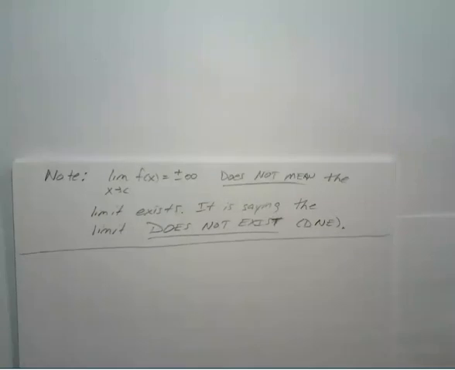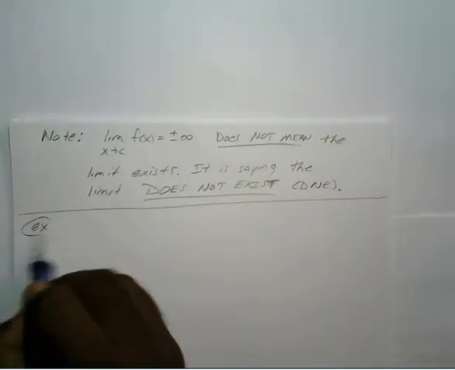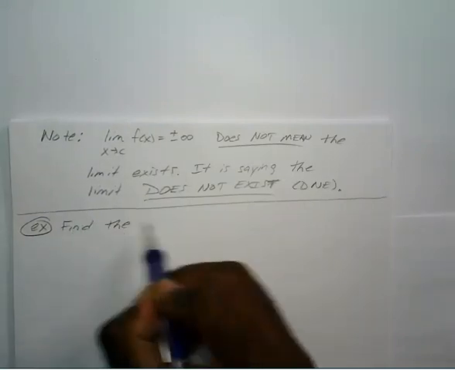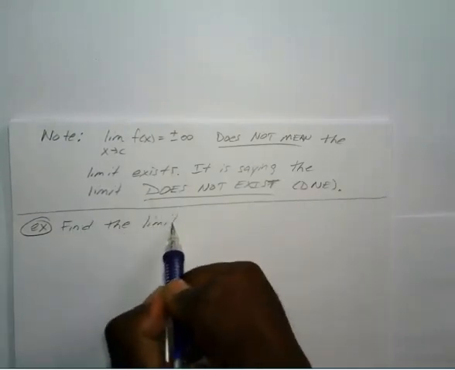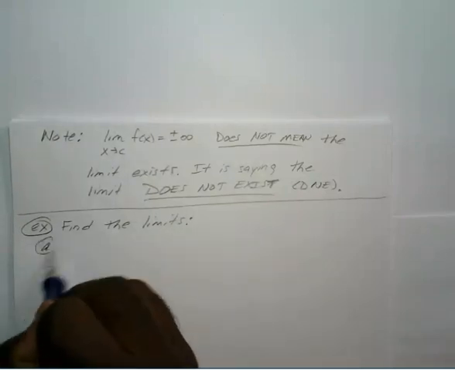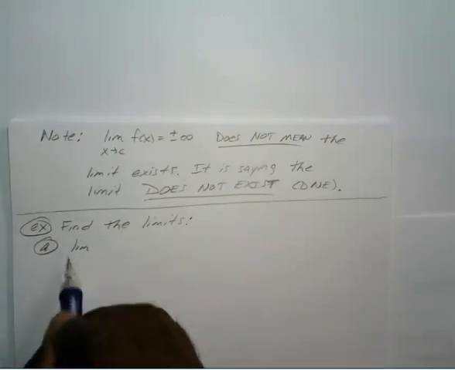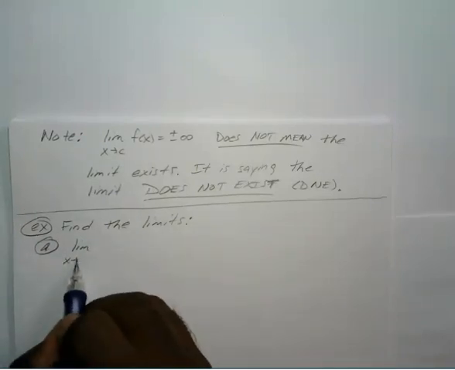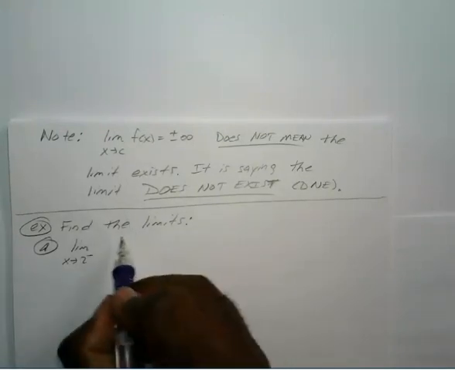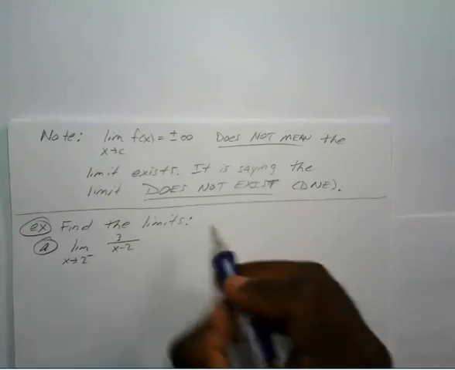All right, now let's jump into our first example. So what if we want to find the limits? Let's say for problem A, the limit as x approaches 2 from the left of 3 over x minus 2.